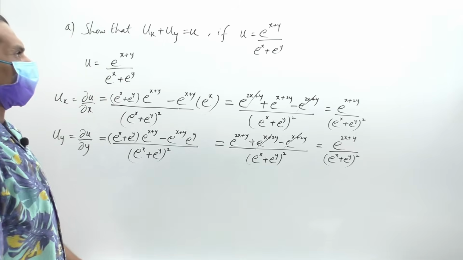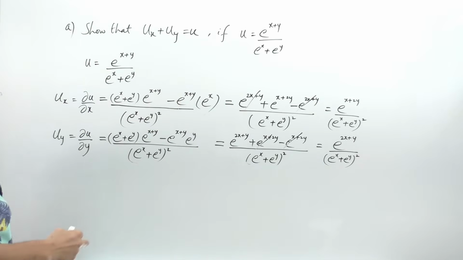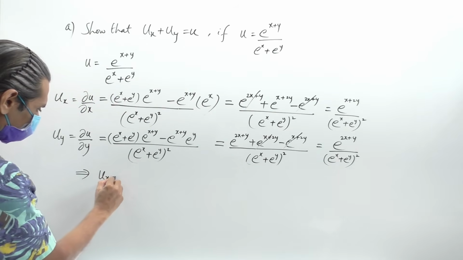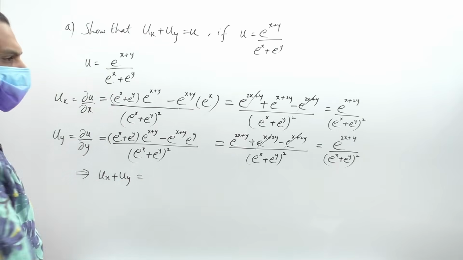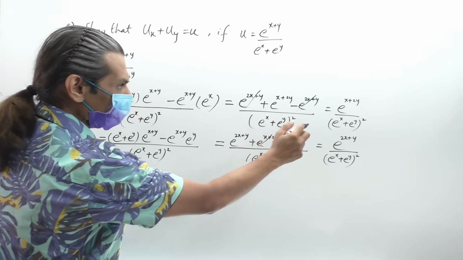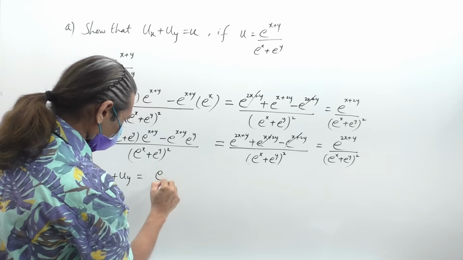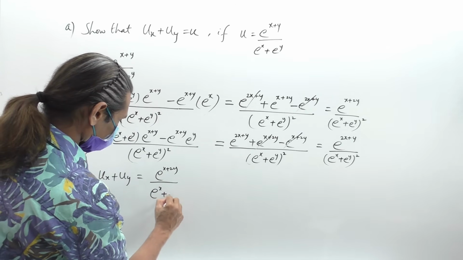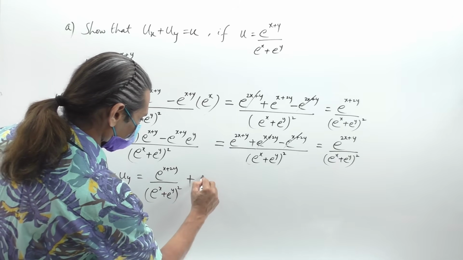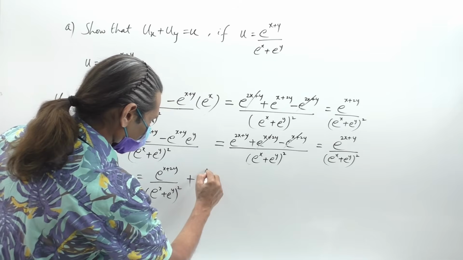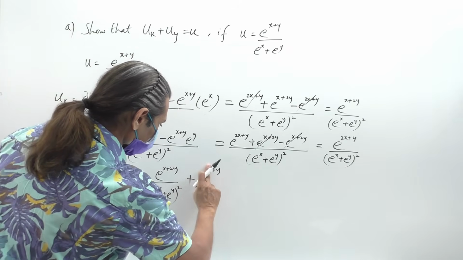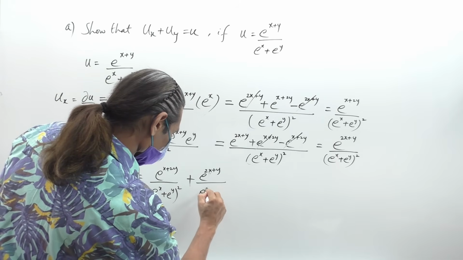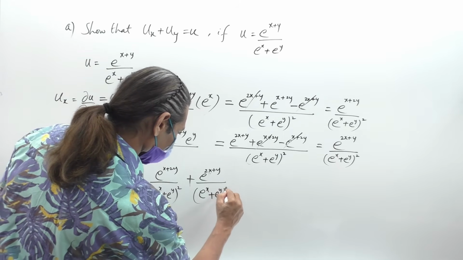As we have got both ux and uy, now let's add them to see if the given condition is true. That implies ux plus uy will be, add both. The denominator is common, so first I write it. e raised to x plus 2y whole divided by (e raised to x plus e raised to y) the whole square, plus e raised to the power 2x plus y whole divided by (e raised to x plus e raised to y) the whole square.